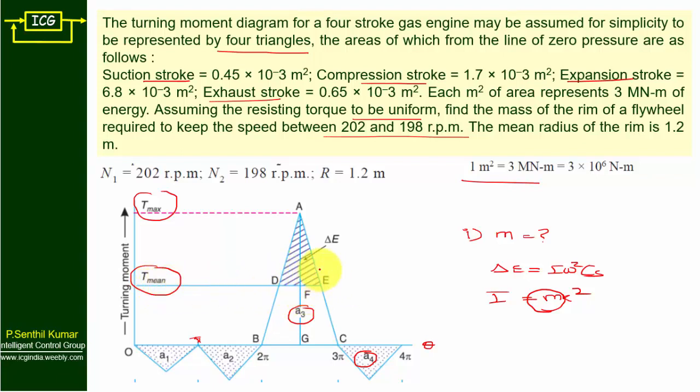So this is the area we need to find, a triangle of half into AF into DE. So first we need to find the values of AF and DE.